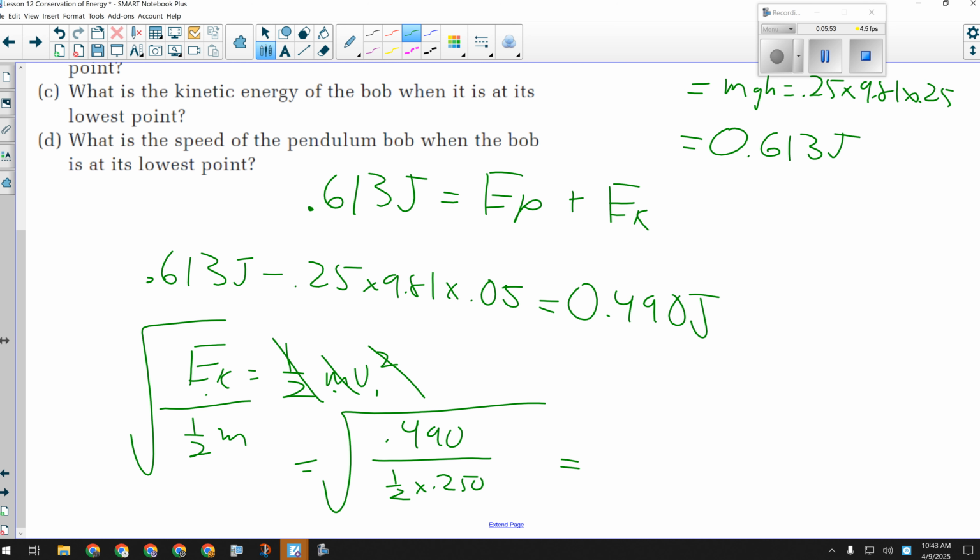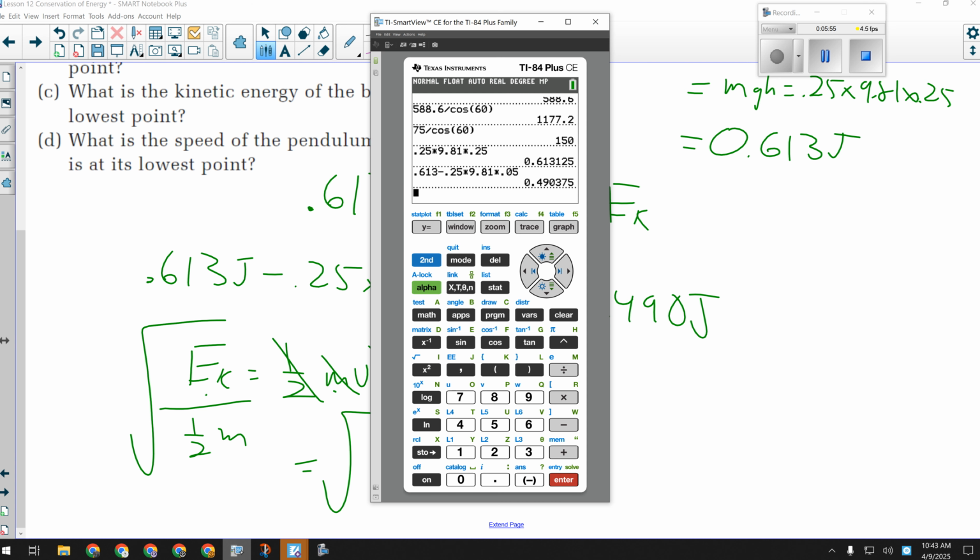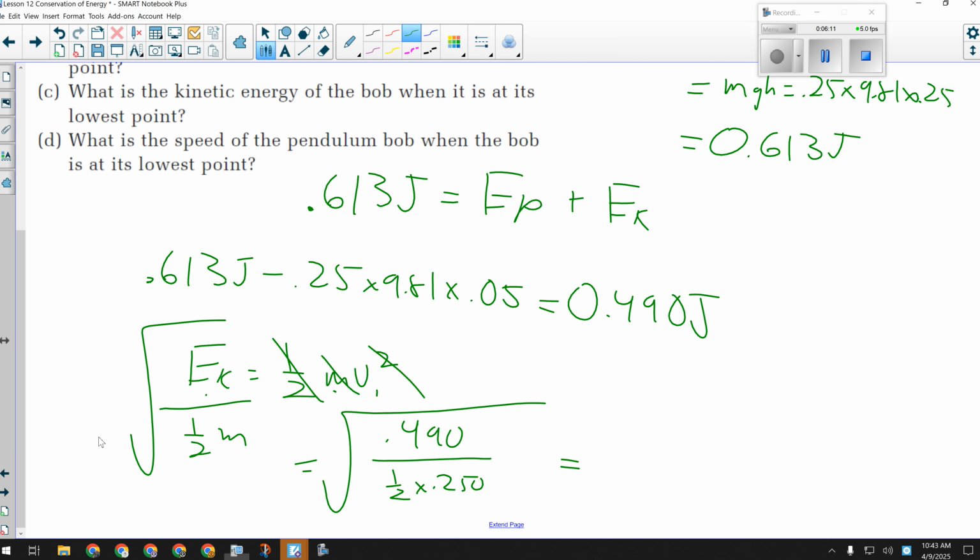That'll give me the speed of the pendulum at its lowest point. So half of 0.25 would be 0.125. All right, so it'll be going 1.98 meters per second at its lowest point.